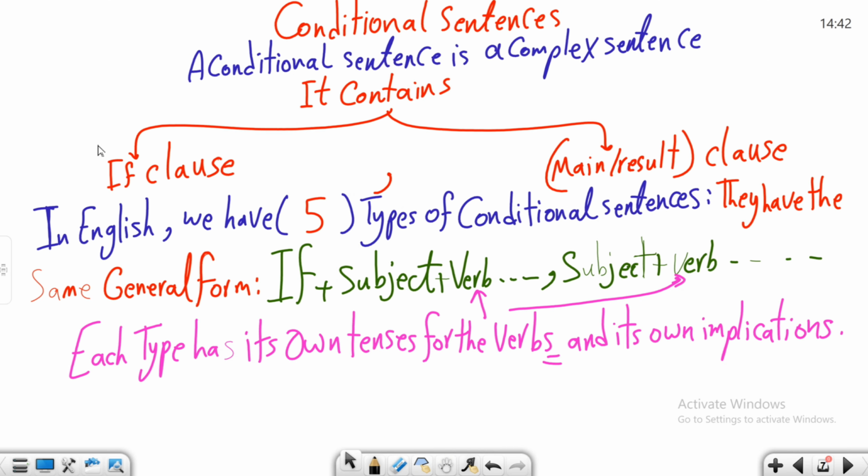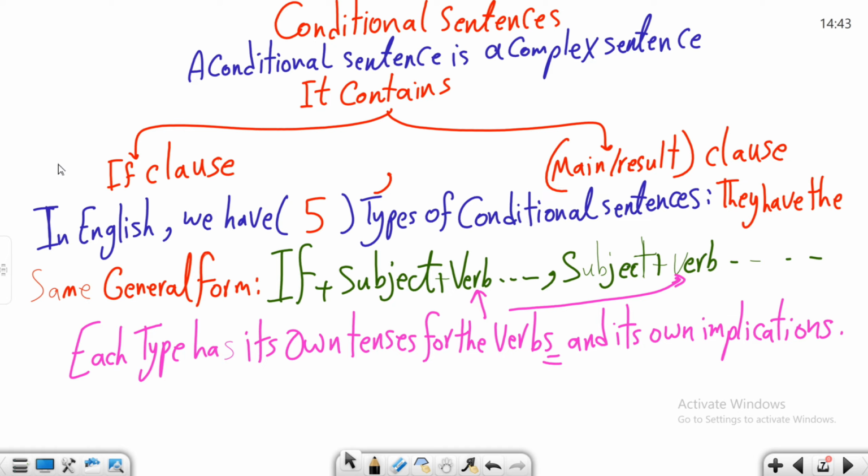As you remember, my friends, we defined the clause in Mr. Udait's writing course as a group of words containing a verb and its subject. And we said that we have two types of clauses. The first type is called the dependent clause, or subordinating clause, which needs another clause in order to make a full sentence, while the other type was called the main clause, and it could make a simple sentence by itself.